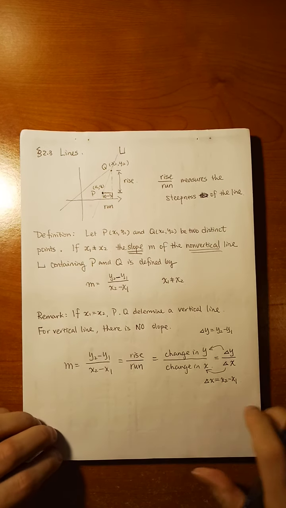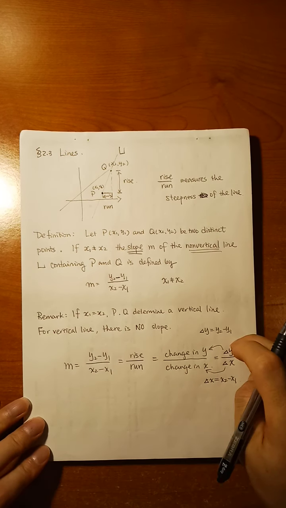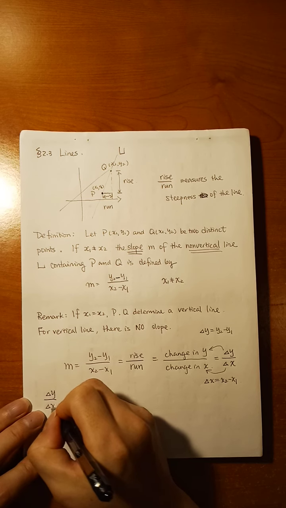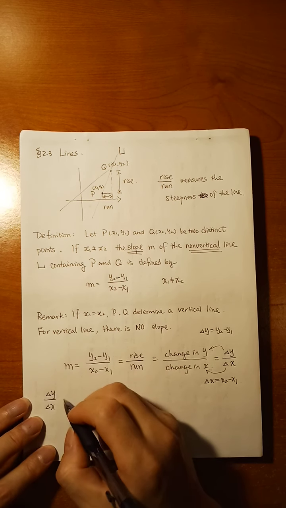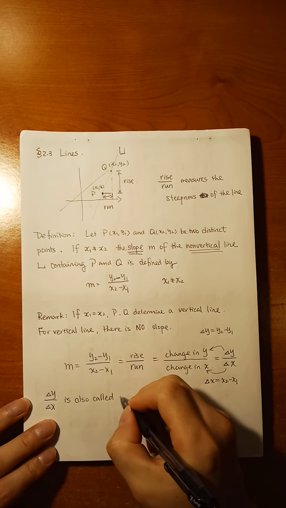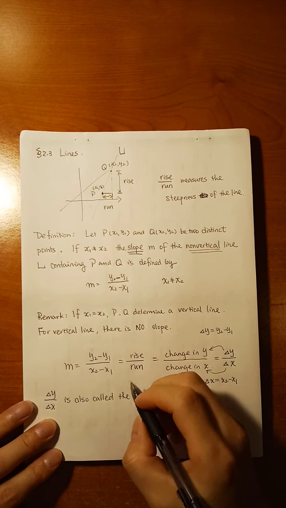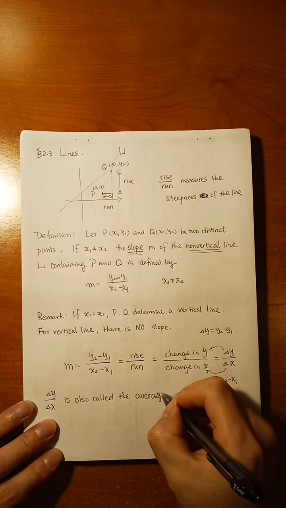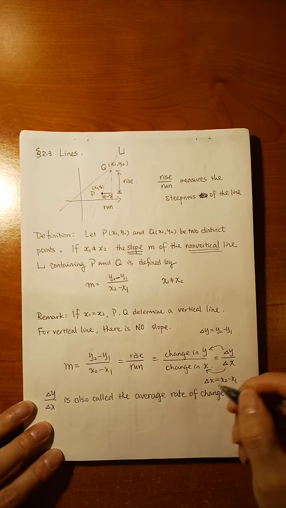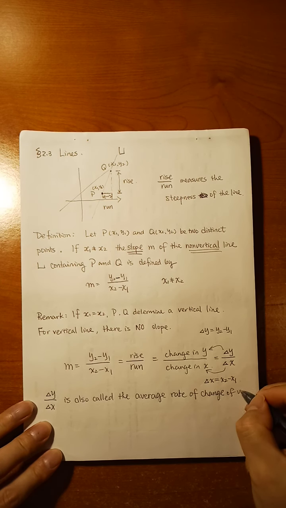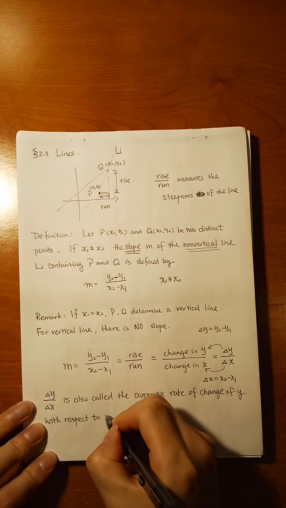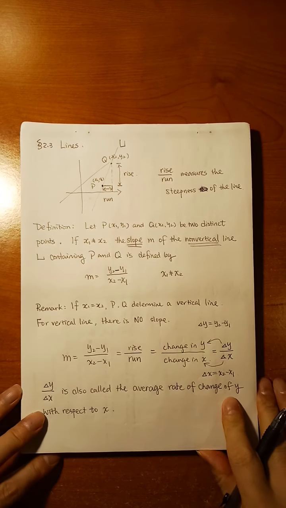Okay, so the slope is delta y over delta x, the change of y over the change of x, which is also called the average rate of change of y with respect to x.